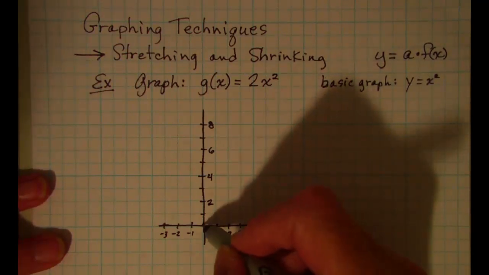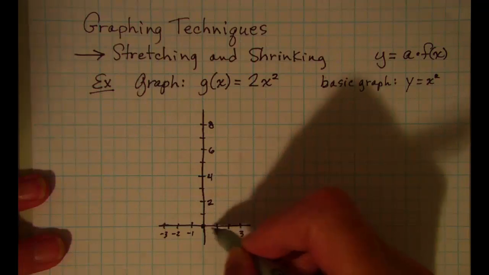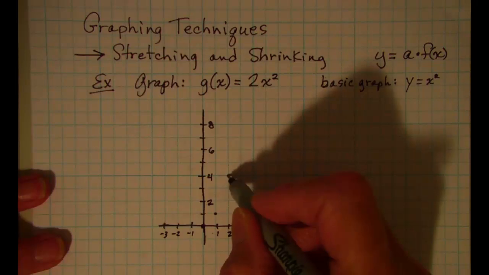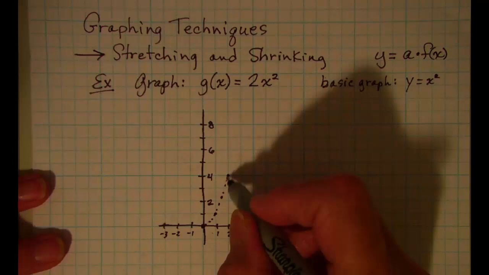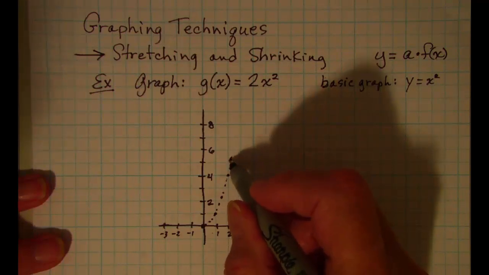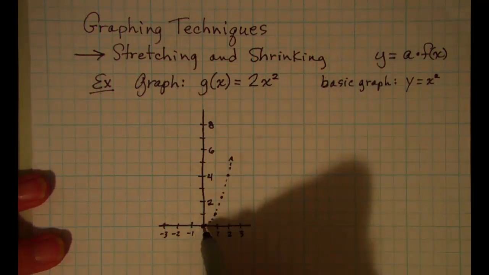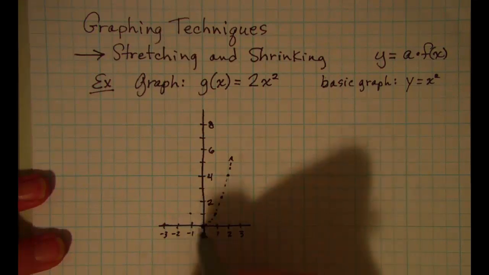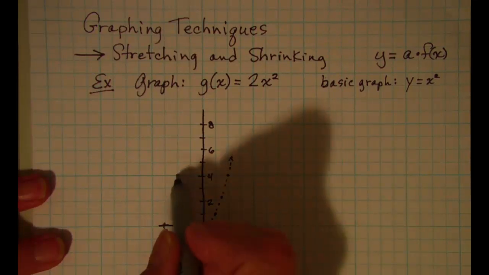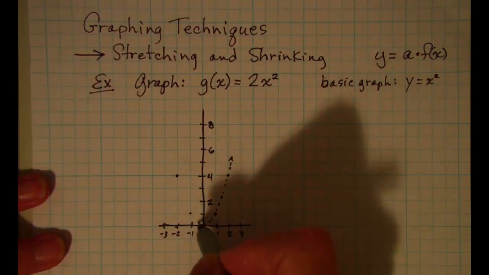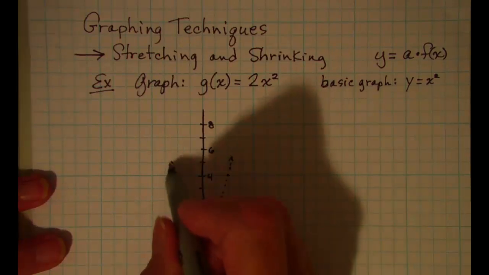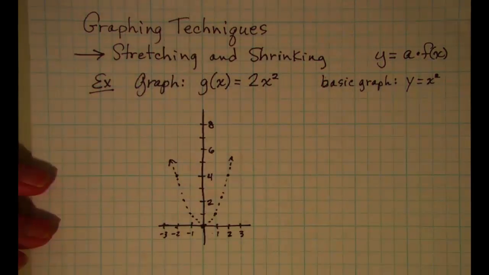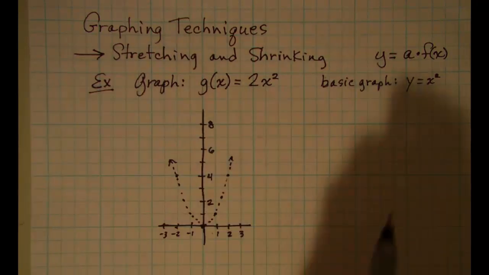We have a vertex at the origin, and then going right 1, we go up 1. Going right 2, we go up 4. So let me put a dotted line. This is my basic function. Going left 1, I go up 1, and left 2, I go up 4. So that's my y equals x squared graph that I'm going to stretch.